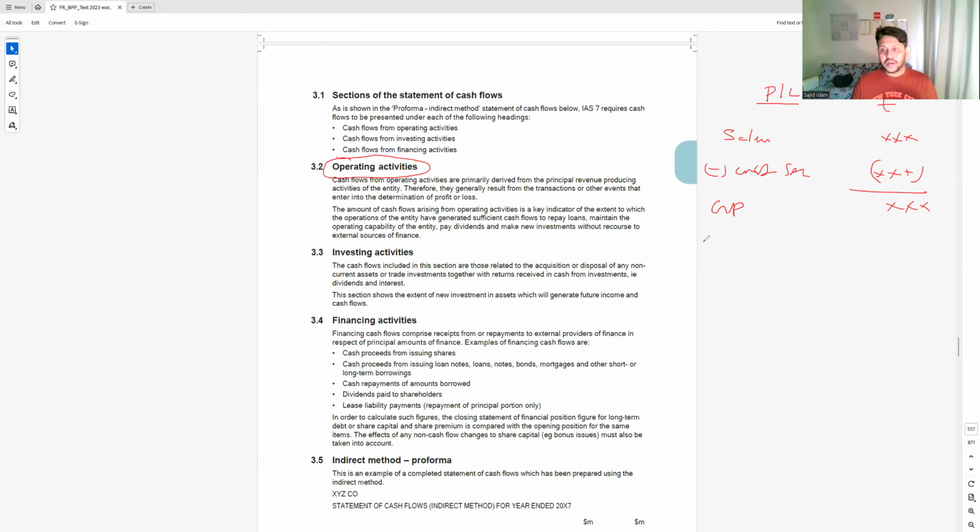So all the overheads, we minus from here to find the PBIT, that is profit before interest and tax. So PBIT. And from the PBIT, the first thing we do, we take out the interest. And after that, we have a PBT, that is profit before tax. And from the PBT, we minus the tax.